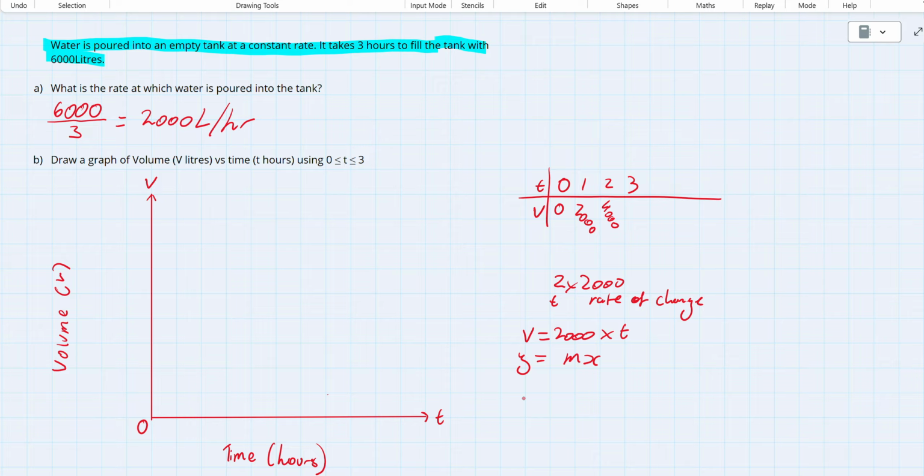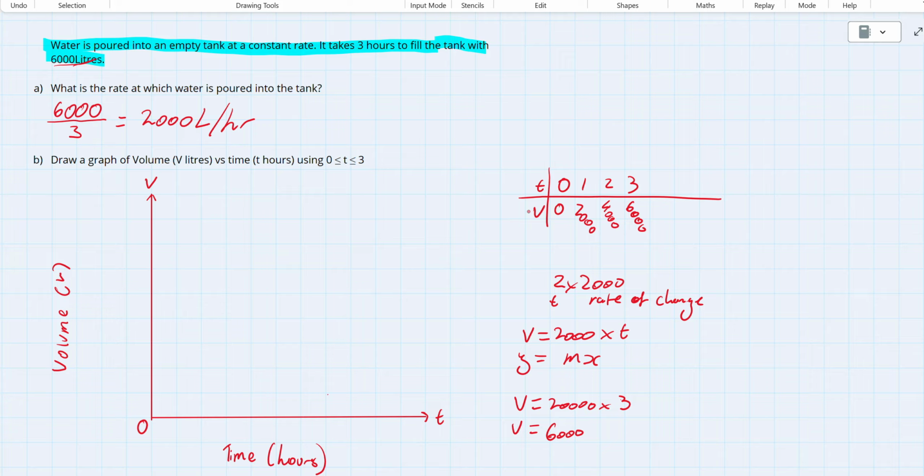So the volume in the last one, at 3, is equal to 2,000 litres times 3 hours. So the volume after 3 hours is 6,000 litres. Now I know we could have taken that from the question, but there's your working. There's your rule. Your rule is y equals mx, so it's volume equals 2,000 times your time in hours.